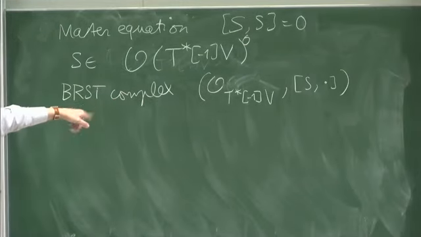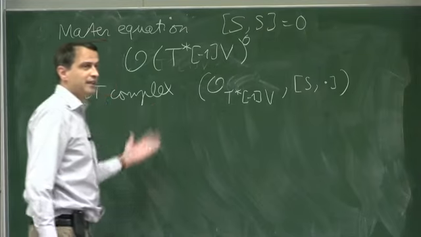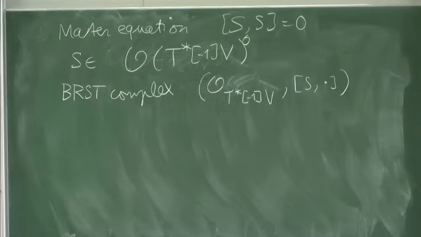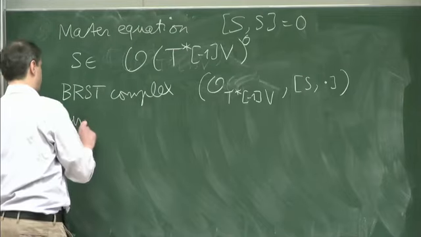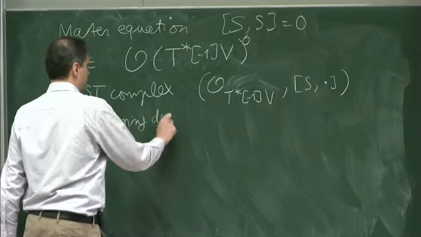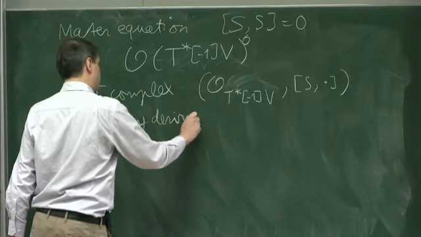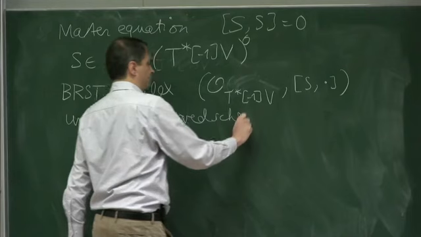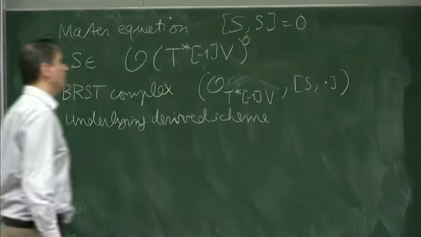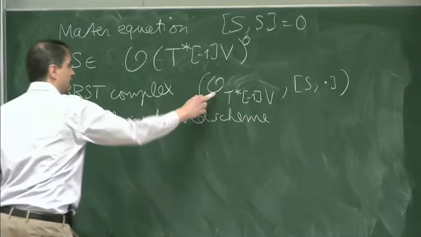Then you will always have something like, maybe nowadays it should be called, the underlying derived scheme. So it is something which is concentrated in non-positive degree. Namely, you have this ideal.